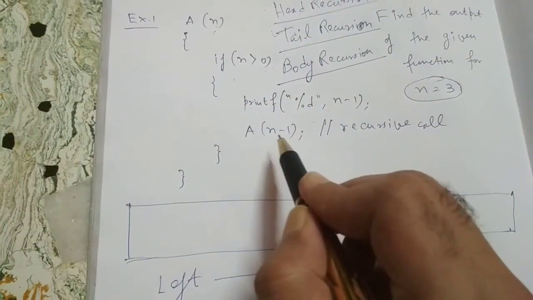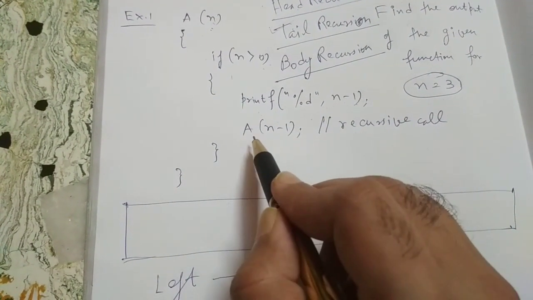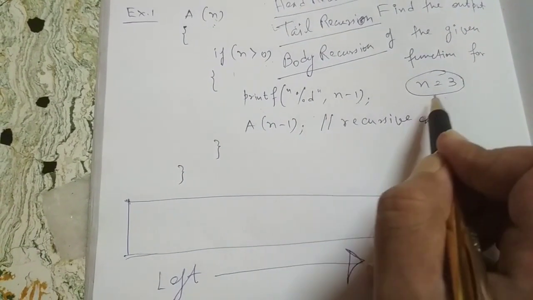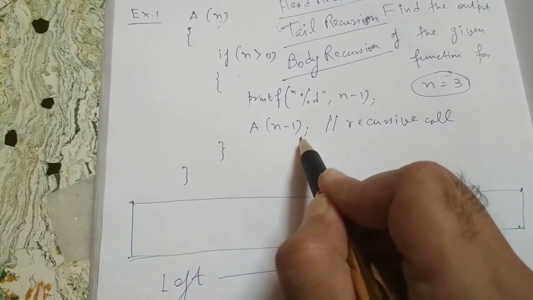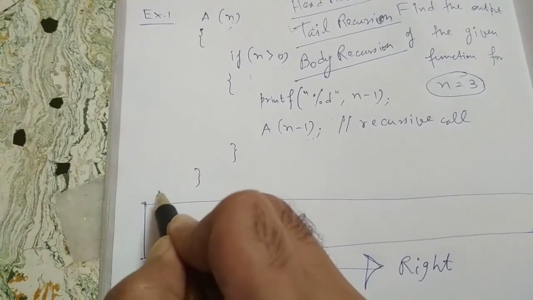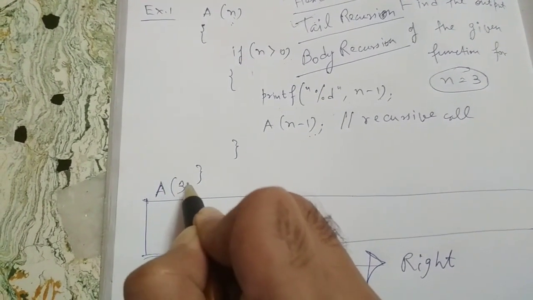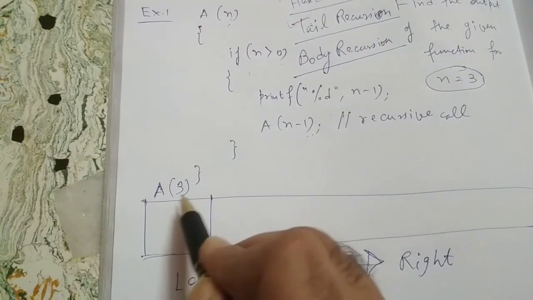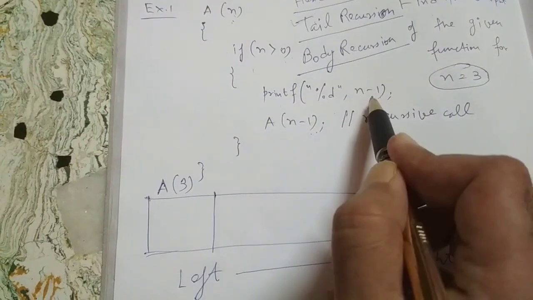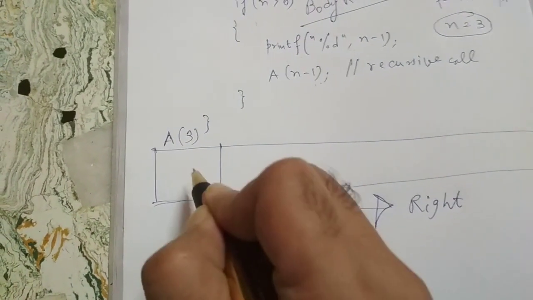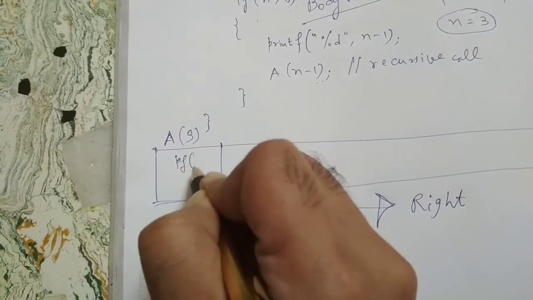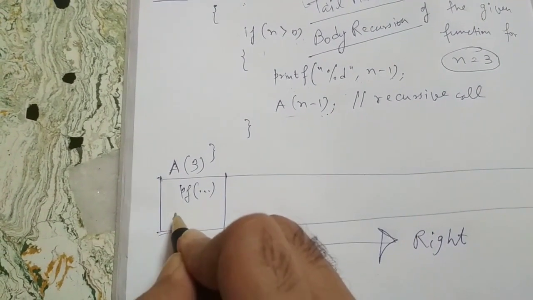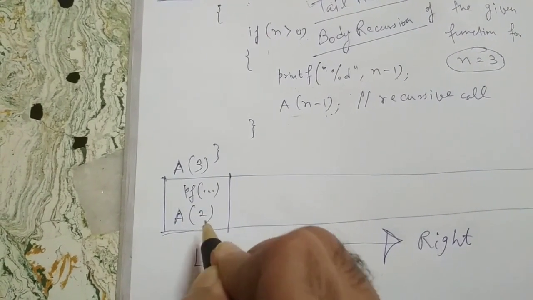Okay, and now a recursive call is being made, and it is being made on n minus 1. Current value of n is 3, so it's being made on a of 2. So when we made a call for a of 3, because of this call, the printf statement got executed, and we got an output, and a call was made to a of 2.